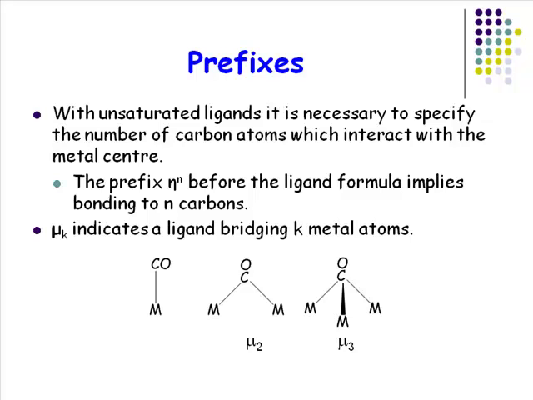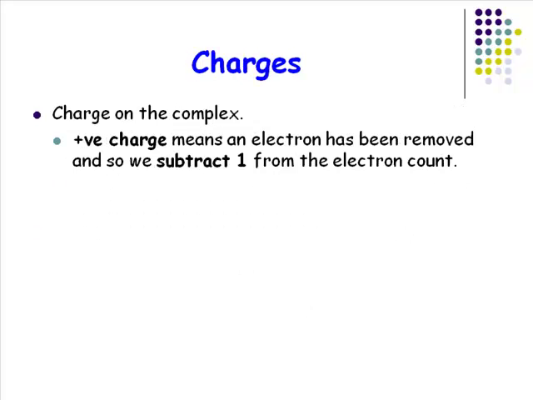It's a terminal ligand. So you will never encounter mu1. But if you have a ligand that is bridging two different metal centers, then that ligand will be described as mu2. Occasionally you will see a ligand that is bridging 3 metal centers. There, that ligand is a mu3 species. So that's what the mu nomenclature refers to.